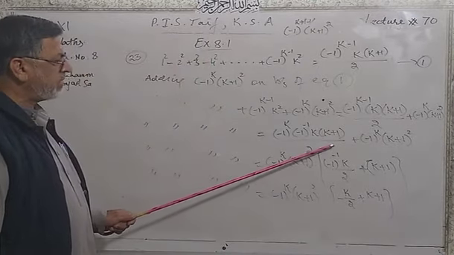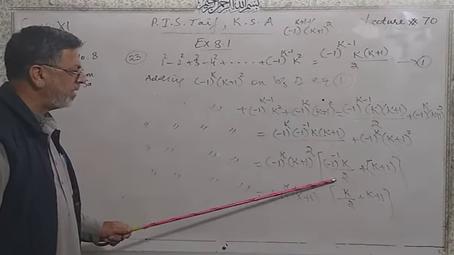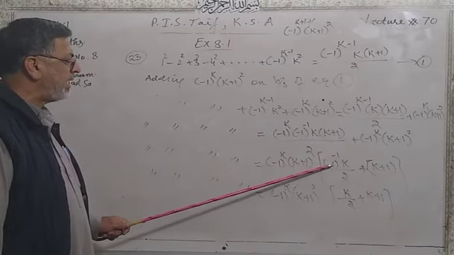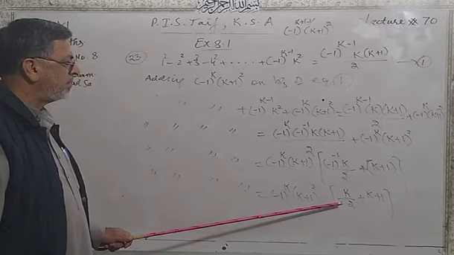Bring this (−1)^(−1) to the denominator; this minus 1 power will become plus, and here we will have the minus sign.